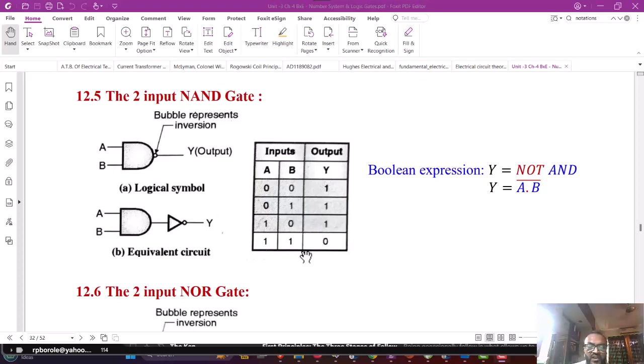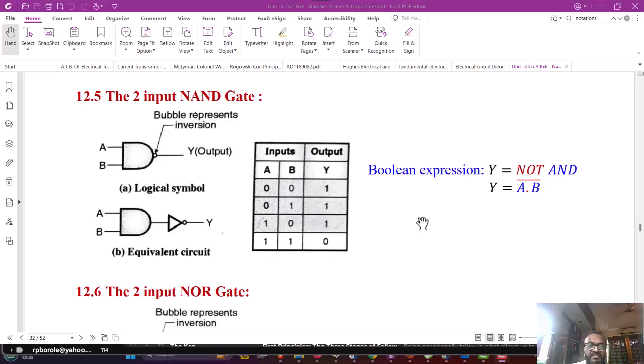When both the inputs are 1, say A and B both are 1, the output of the AND gate is 1 and inversion of it, that is nothing but 1 complement, that is 0. And therefore when both the inputs are 1, A NAND B gives output Y equal to 0.